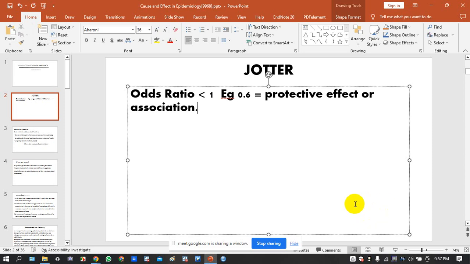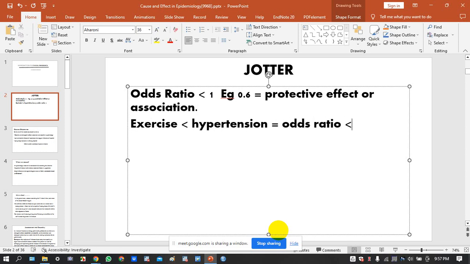And a second example is exercise. If you do a lot of exercise, your risk of getting hypertension will be equal to an odds ratio which is less than 1, say 0.8.